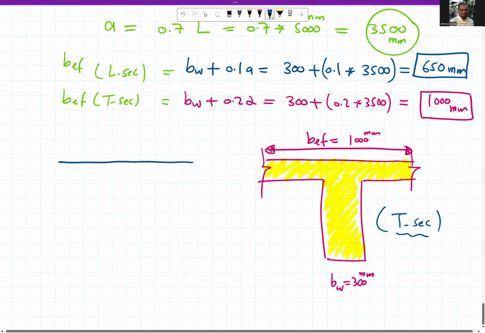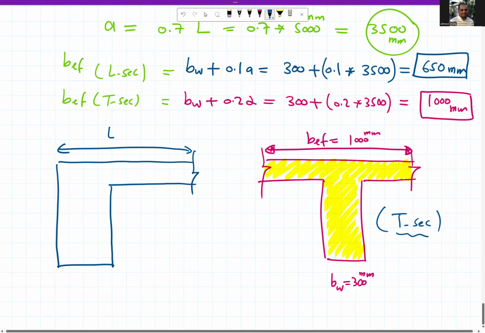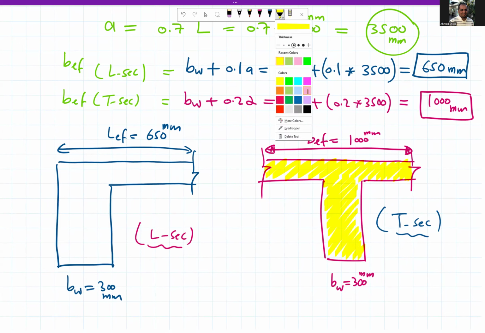For the other section, which is L section, here we have B effective equal to 650 millimeter. And we have BW equal to 300 millimeter. This is our L section. Okay, so this is our second cross section.